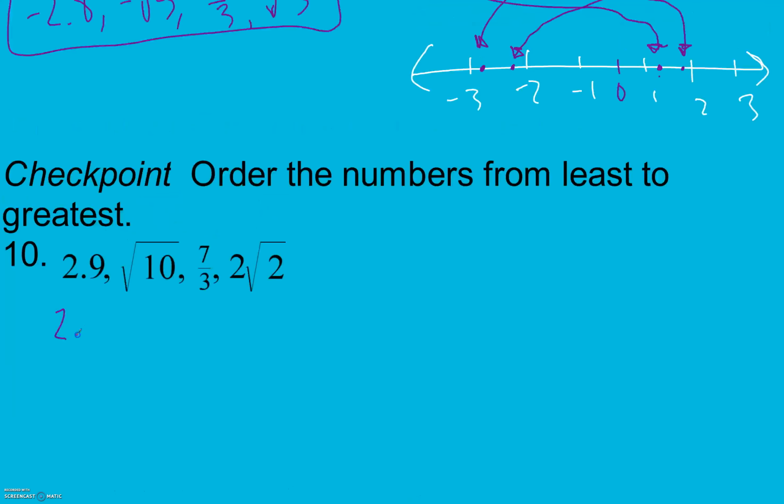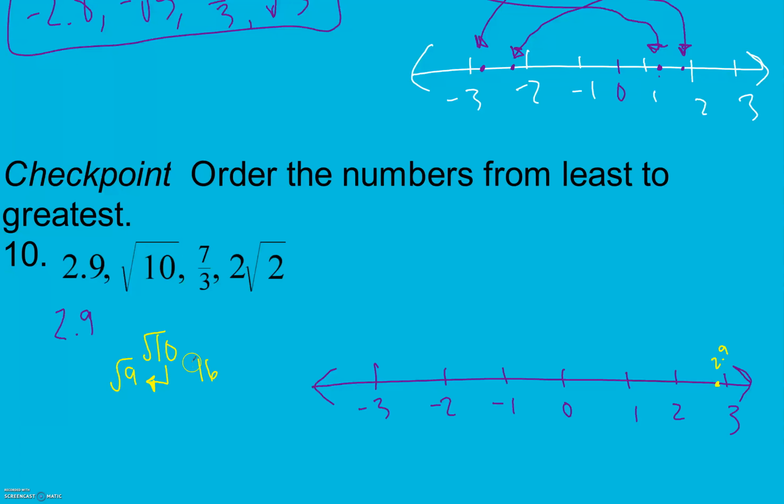Again, 2.9 is just 2.9. So on a number line, it's going to be almost 3. The square root of 10, 10 is in between 9 and 16 as far as perfect squares go, closer to 9.